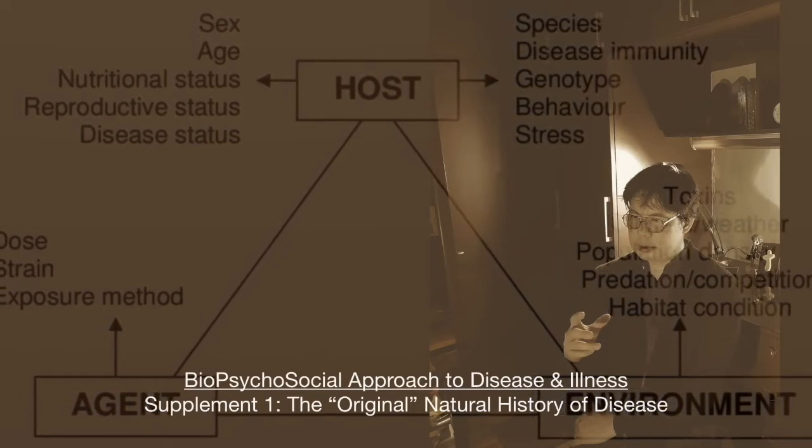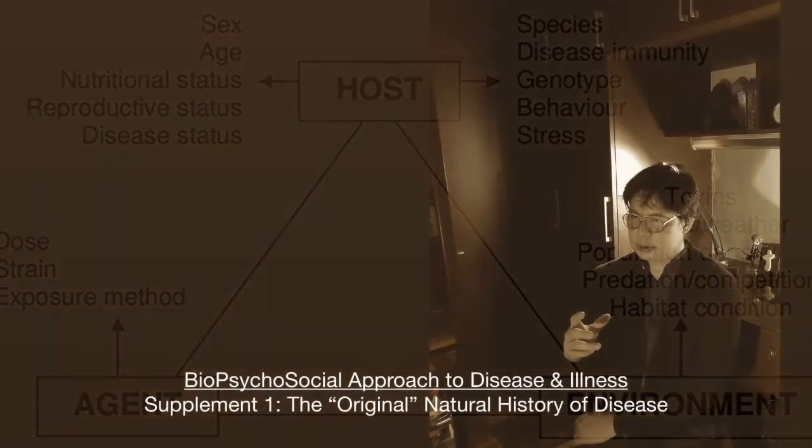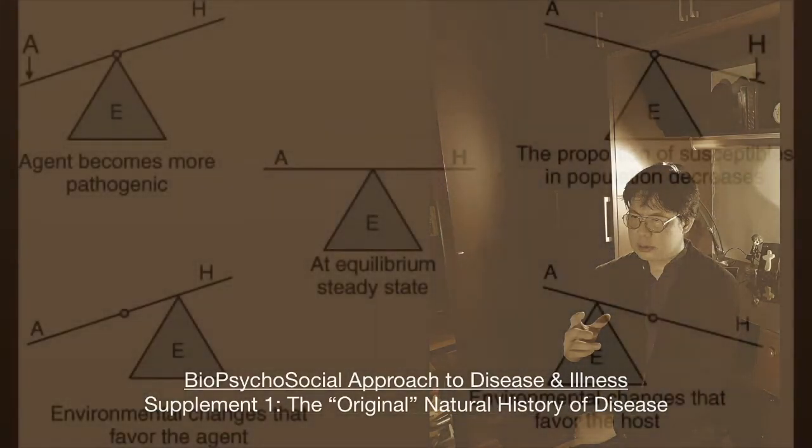There's the host and the agent and the environment, and there's the balance between the three. When these three factors come into play, then the agent can cause the disease on the host. You need an external agent that's going to affect the susceptible host, and the environment sort of brings the host and the agent together, and then suddenly you have a disease. So that's one model of causation.